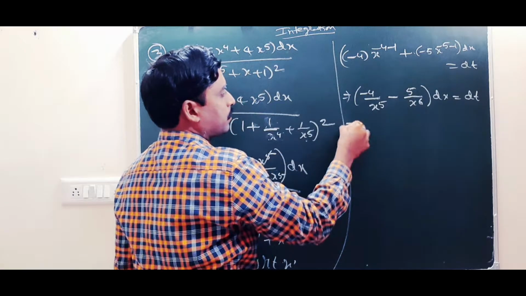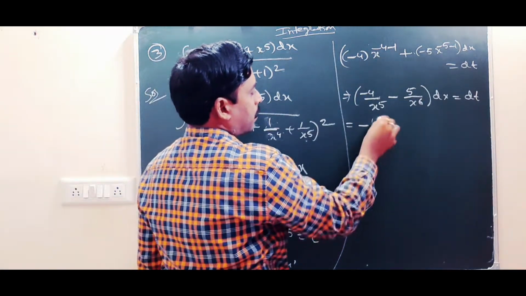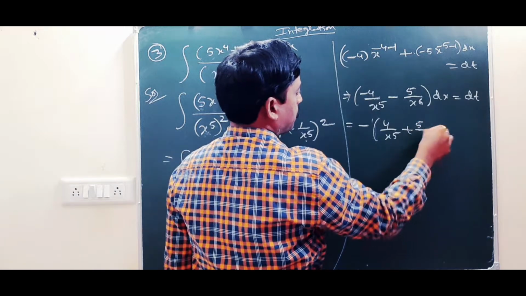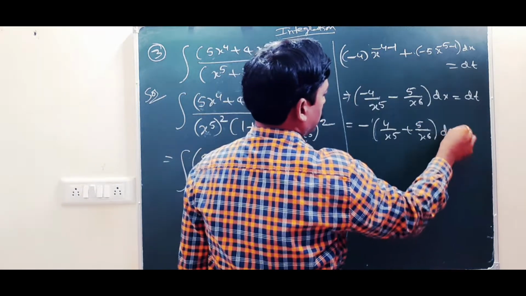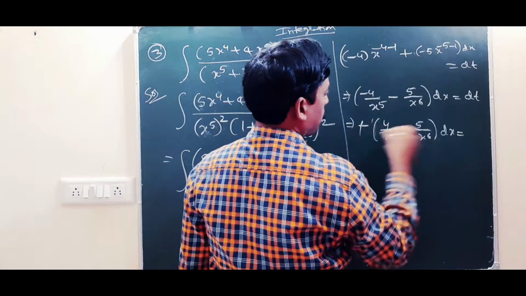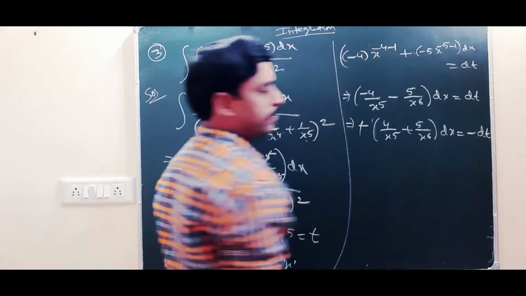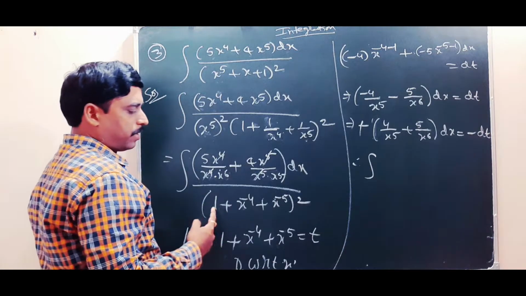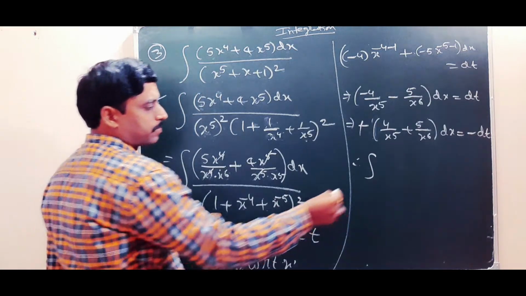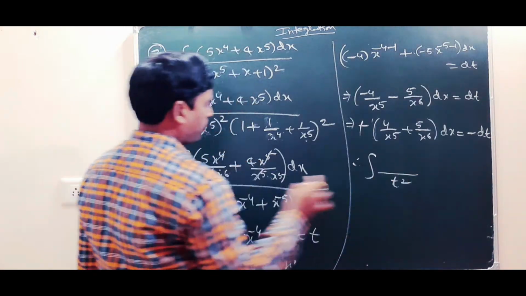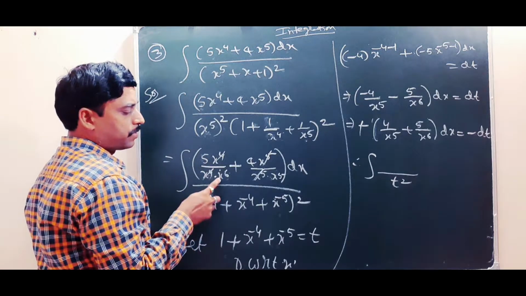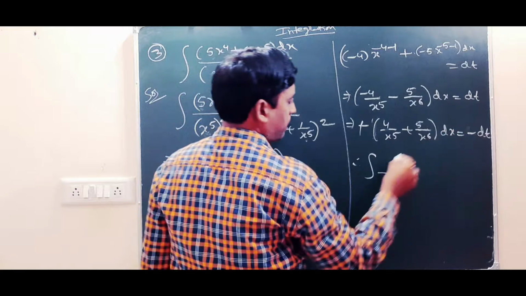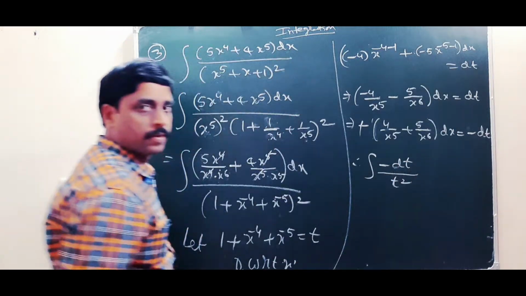Okay, in this, take minus 1 common. (4/x^5 + 5/x^6) dx equal to -dt. We should multiply minus on both sides. Therefore, integral, if the denominator is t square, then the numerator will be (5/x^6 + 4/x^5) dx, which will be -dt.